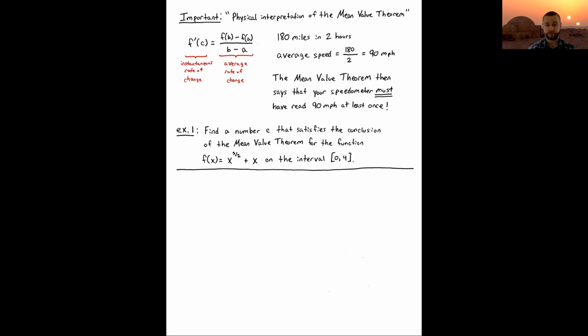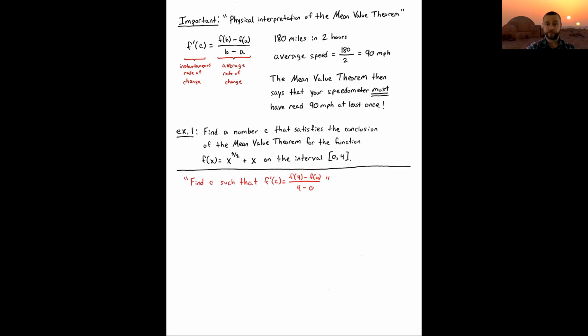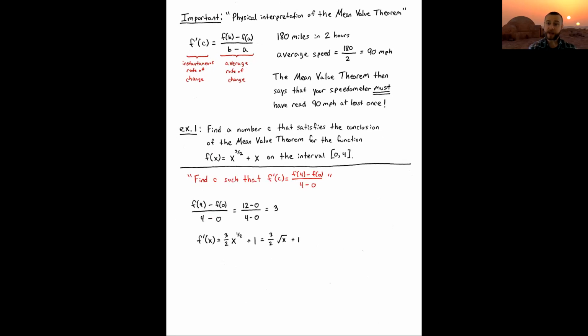That is the conclusion. Our goal is to find this x value C that makes that conclusion true. Now, this all sounds maybe a little bit complicated, but we have an interval 0 to 4, and we can start calculating some of the things that go into that.